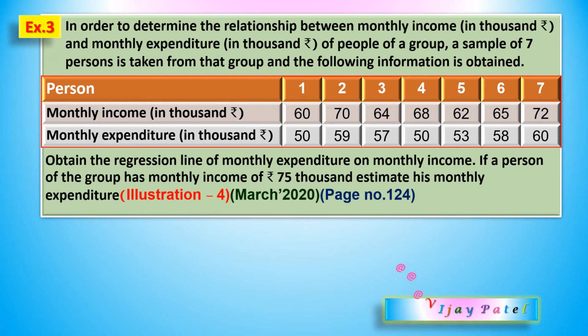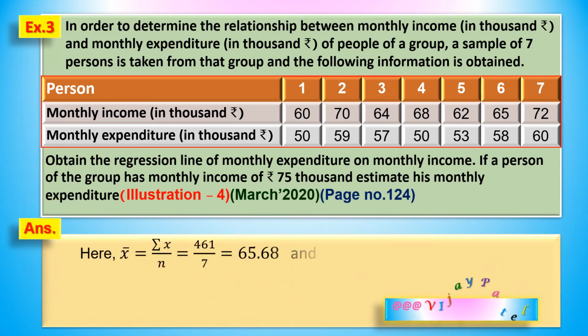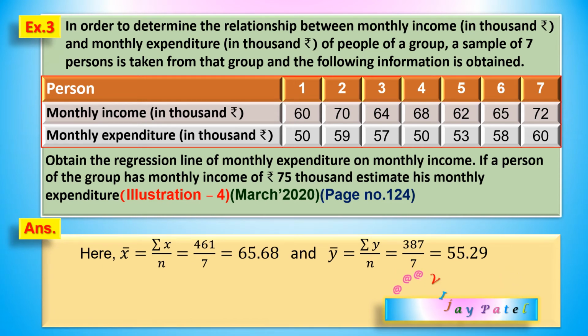Let's see here. The data are more than 30, and here no one value is a multiple of any variable x and y. So first of all we find x bar and y bar. Here x bar is equal to sigma x upon n is equal to 461 upon 7, which is equal to 65.68, and y bar is equal to sigma y upon n is equal to 387 upon 7, which is equal to 55.29.